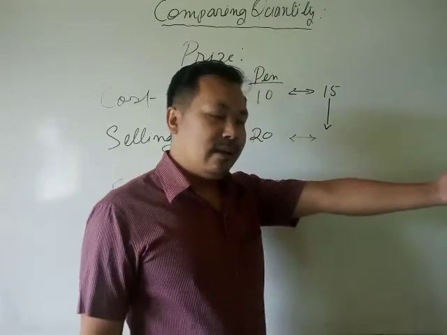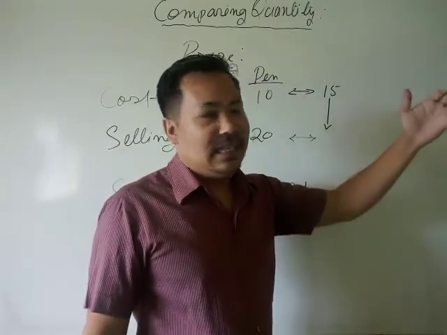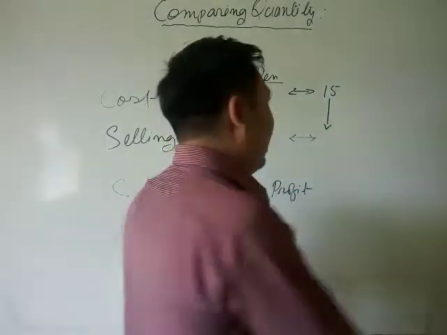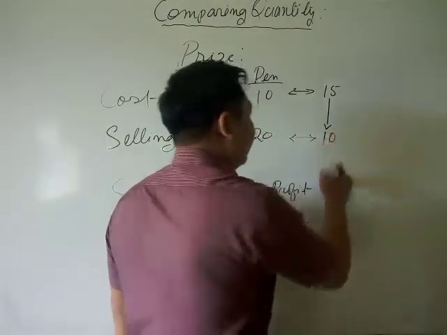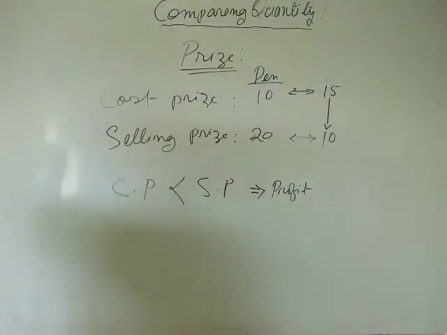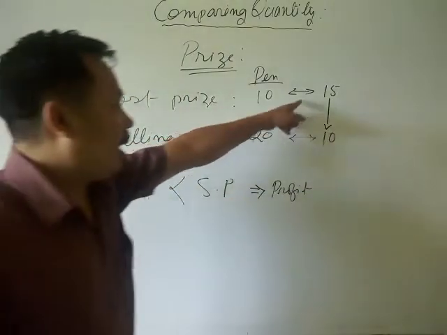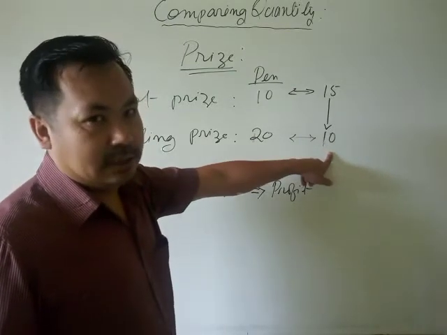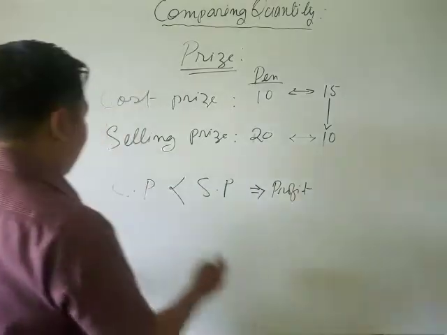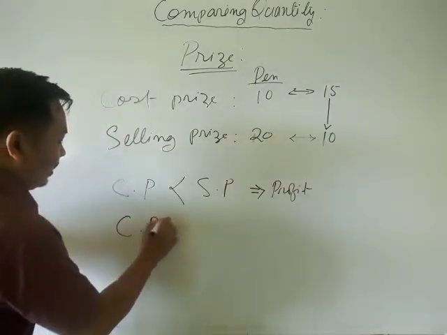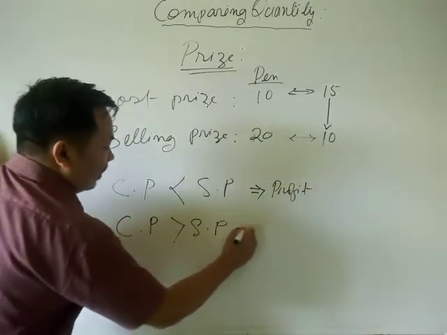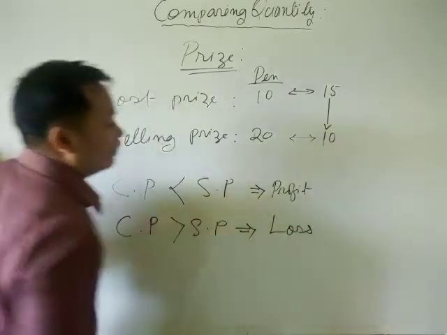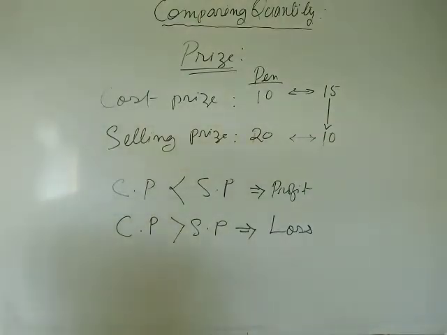So the shopkeeper unfortunately had to sell the pen at 10 rupees. See, now the first price was 15 and he had to sell at 10 rupees due to some very unfortunate reasons, isn't it? Now here CP is greater than SP. Now it results in loss.